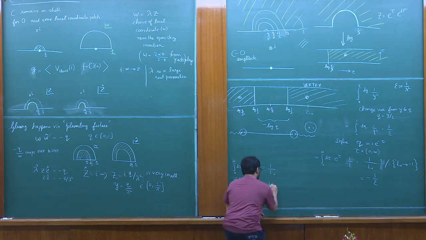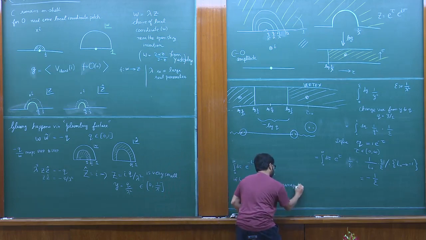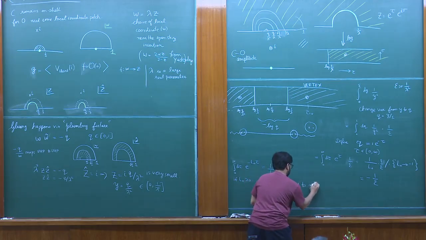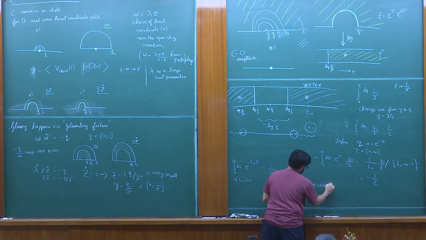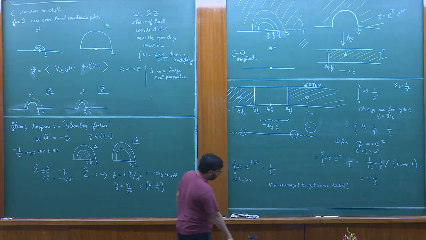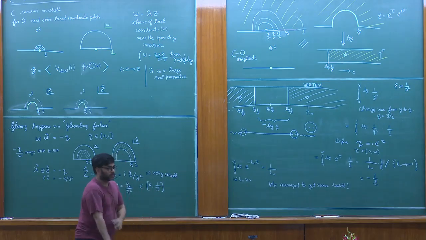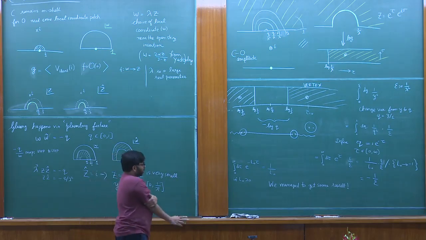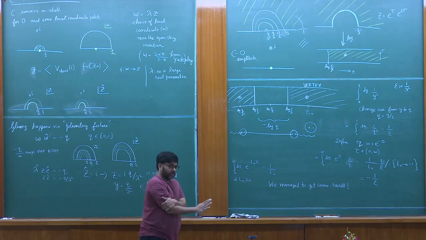So we managed to get some result. In string field theory, you would set up some propagator so that you would actually get bubbles. No, the propagator is just defined by the quadratic terms in string field theory.